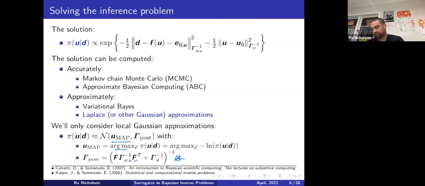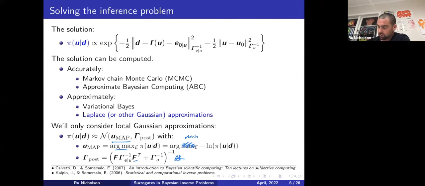Okay, and so typically the MAP estimate is calculated as a minimization problem, right? So rather than maximizing the posterior, we typically pose the problem as minimizing the negative log posterior. Sorry about the typo there.